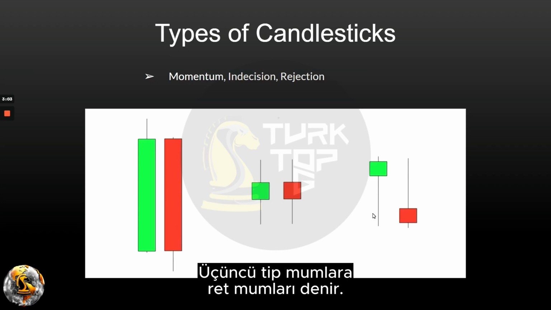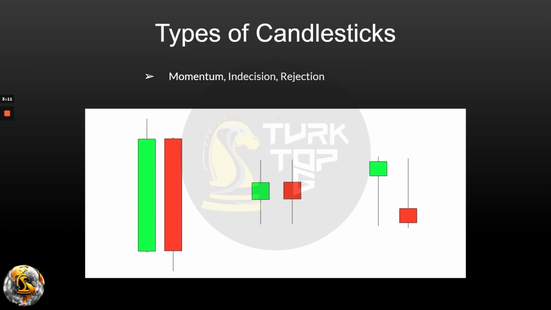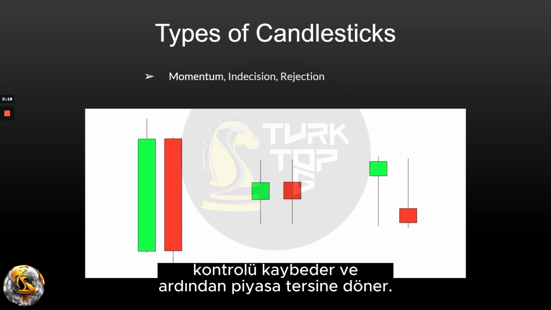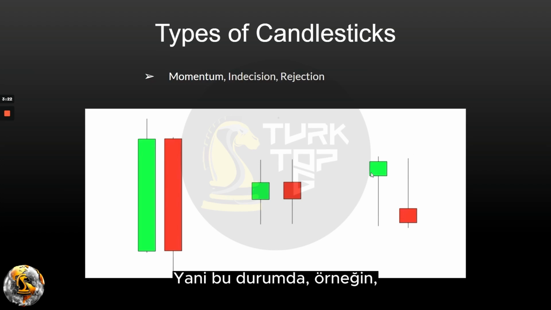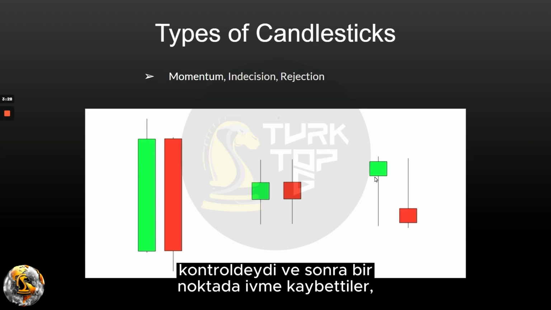The third type of candles are called rejection candles. Rejection candles form when the market starts moving in one direction, but in the middle of the action, the people that were in control of the market lose control, and then the market reverses. So in this case, for example, at first price tried to sell off, so the sellers were in control.